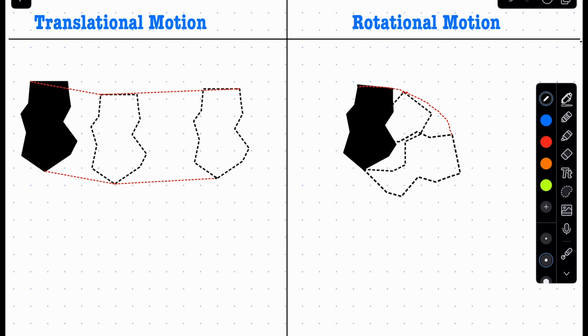Then there is oscillatory motion and the periodic motion. There are many terms that we use, and the two important terms are the translational motion and the rotational motion that we use for a rigid body which is performing the motion because of the external forces. So in this video we are going to just learn what is the difference between them.